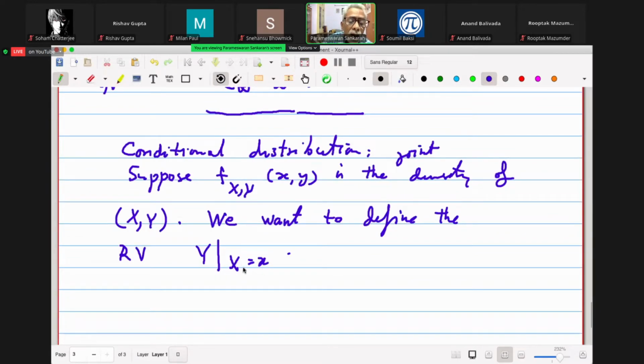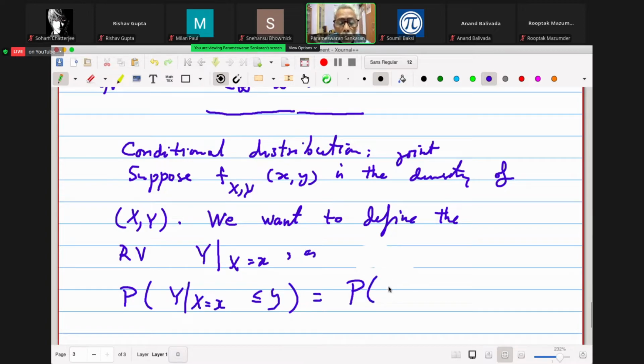This is defined to be the probability that Y given X equals x is less than or equal to y, given that X equals x.